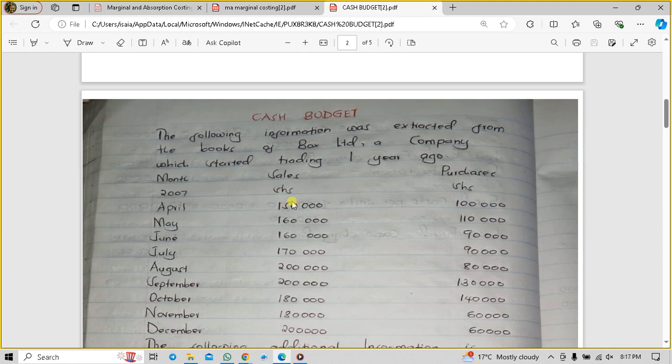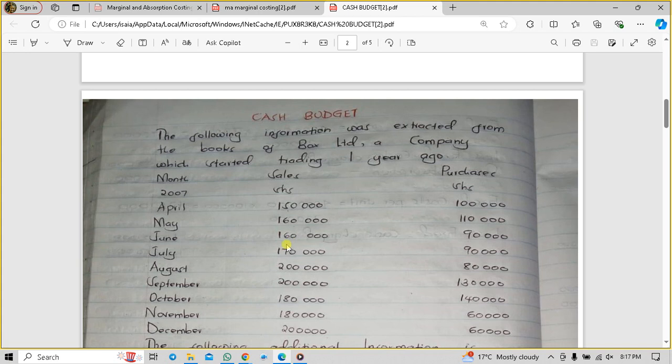Then 30% of 150 will be received in May. Then 10% of April sales will be received in June. That is why we are saying 10% of April sales will be received in June. That is something you are supposed to be very keen on.